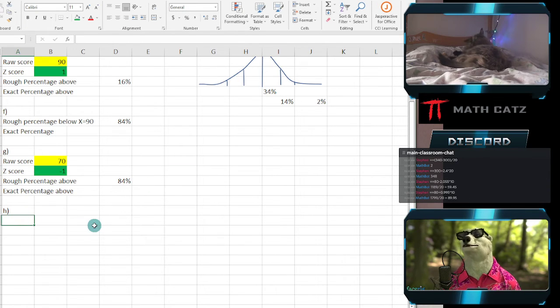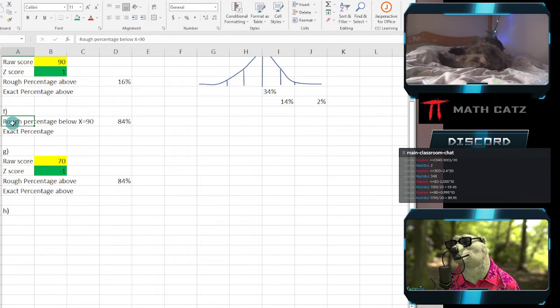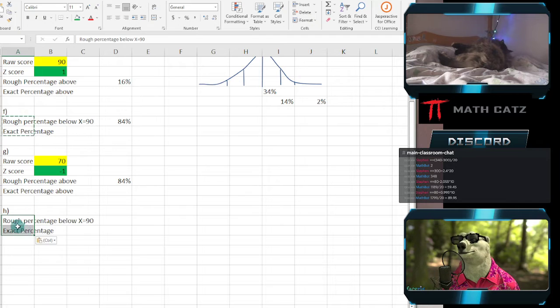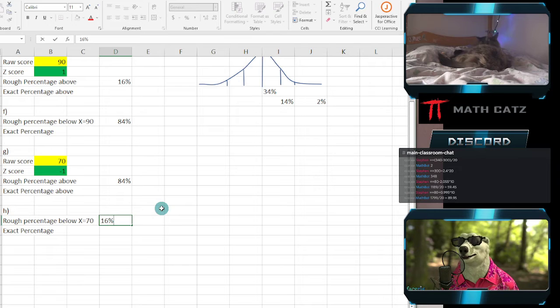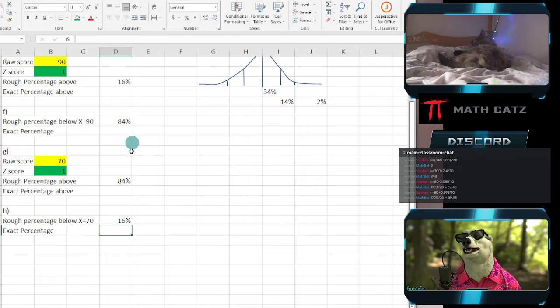And then we can use that for the below. Just going to copy this and this, but I need to update the 90 to a 70. So the rough percentage below 70 will be below this line, which will be my 16%. And because of the symmetry, we have very similar answers, right? Sort of flipped around. Okay.